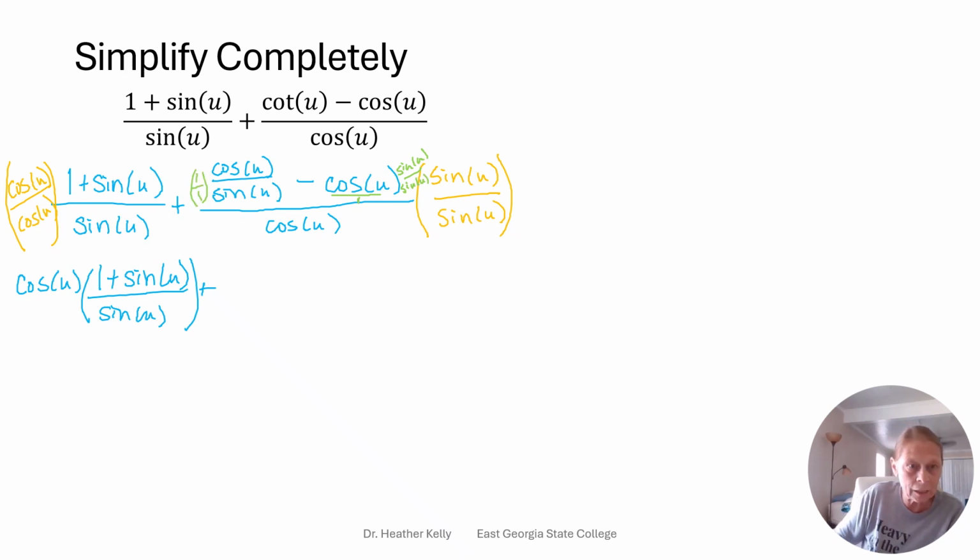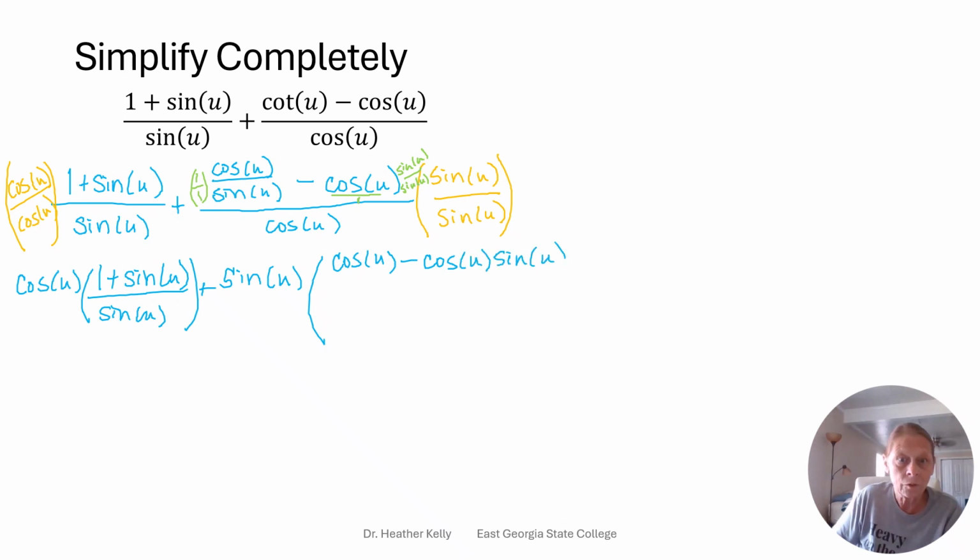So this new piece here, I'm going to stick our sine u from right here in front, and then let's see what we're left with. So this is going to be cosine u minus cosine u sine u all over a sine u.